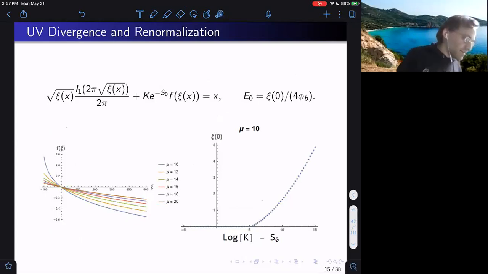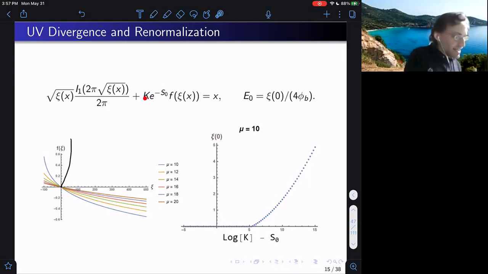Okay, so with that out of the way, I'll show some plots over here. Again, this is the equation that determines xi of x, and xi of 0 determines the 0-point energy of the spectrum. Here I've plotted the function f, and maybe I should also plot this first function involving the Bessel function. It just starts at 0 and grows very quickly.